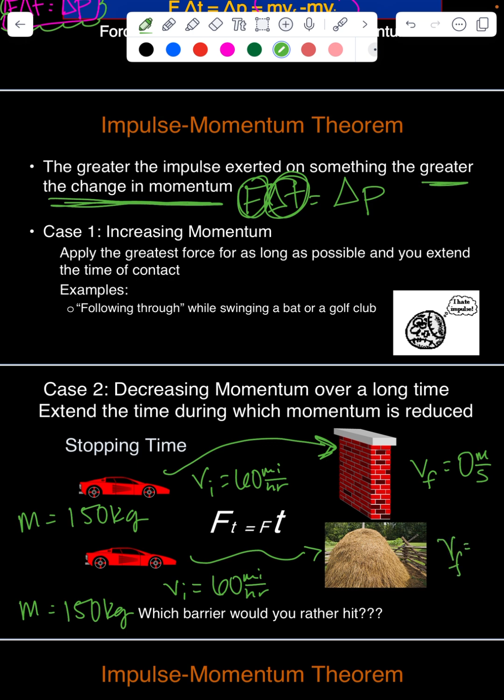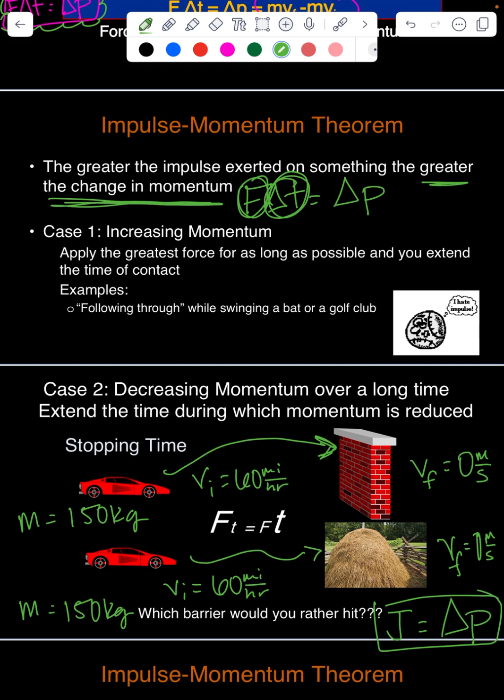So it has a final velocity of 0 as well. If we have the same cars with the same masses, same initial velocities, and same final velocities, both of these scenarios have the same change in momentum. If they have the same change in momentum, that means that they have the same impulse. But what they are experiencing is different.